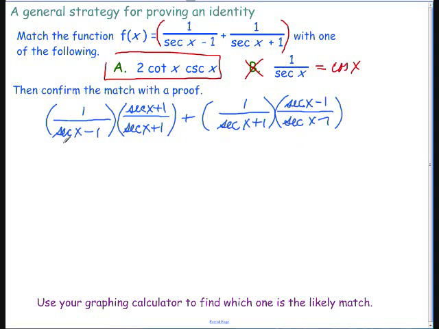All right, what will that simplify to? Well, I'll have 1 times this and 1 times this. That's going to be simple enough in my numerator. So I'm going to have secant x plus 1 plus secant x minus 1.